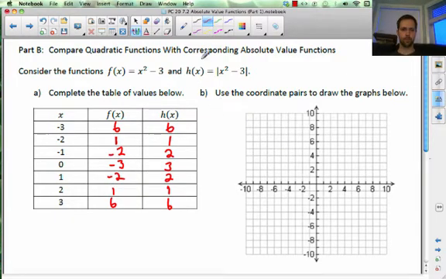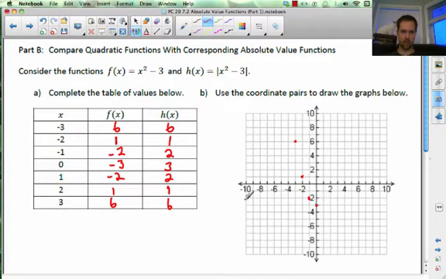So let's see what this looks like. -3 and 6 is up here. -2 and 1 is here. -1 and -2 is here. 0 and -3 is here.